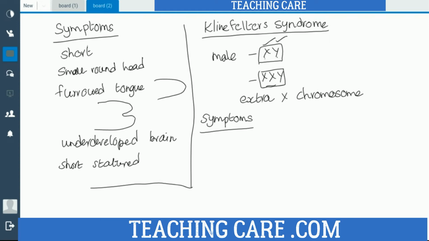The symptoms are: the male reproductive system is not well developed.